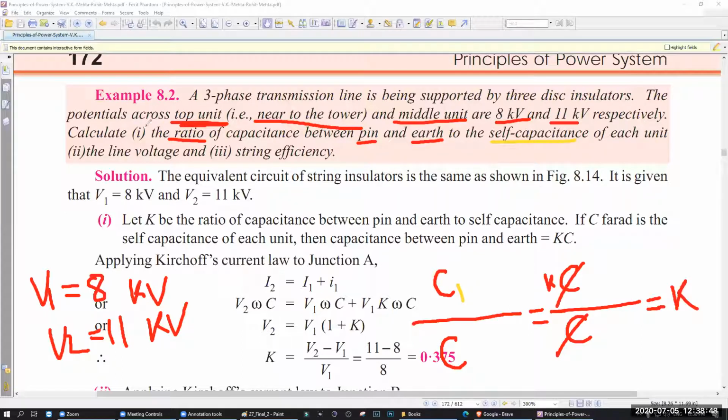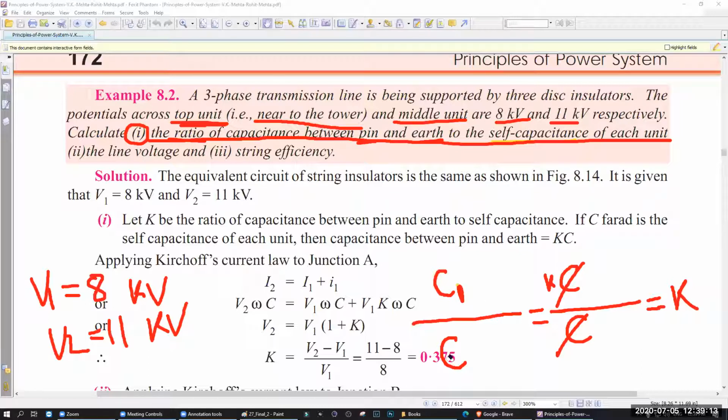So they actually told us to find out the value of K here. Understood? The ratio of capacitance between pin and earth to self. Pin and earth means C1 and self is C. So C1 divided by C is equal to K. So they actually told us to find out the K. Okay?